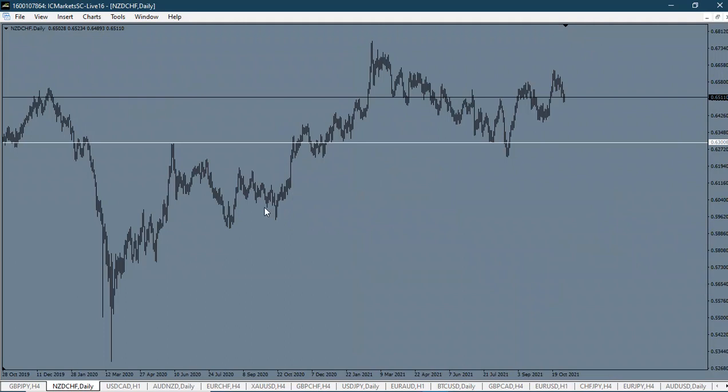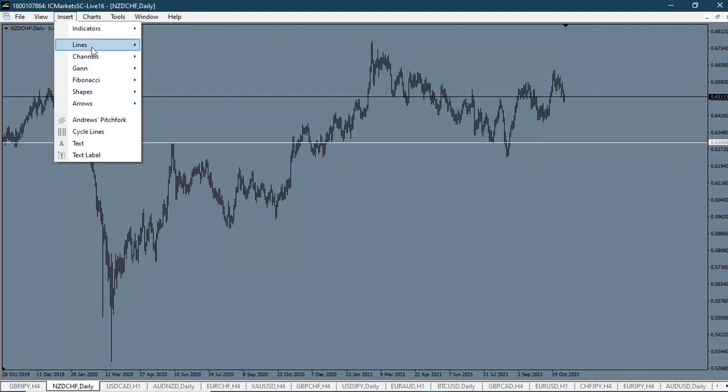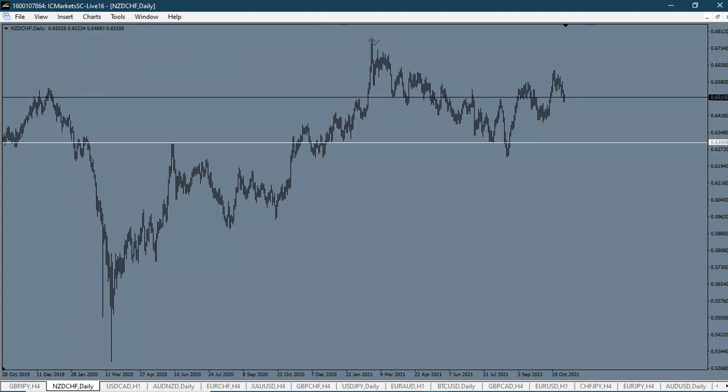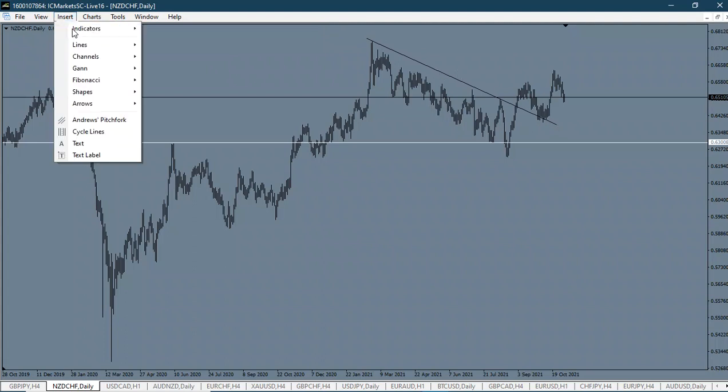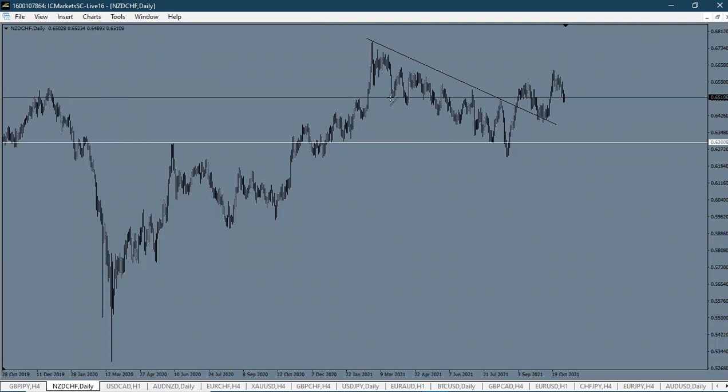As you can see here, we had a push towards the upside and we had a correction right here. So with this correction, you can see it was a push towards the upside and became a flag.